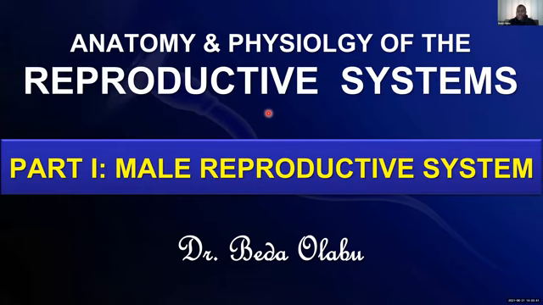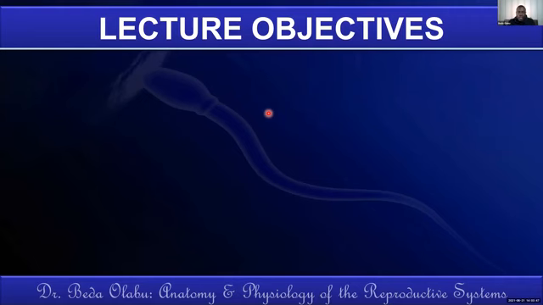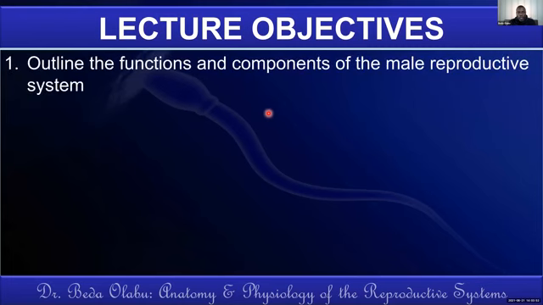So let's begin with this part on the male reproductive system. These are the things that we need to address in this particular part of the lecture. We are going to look at the outline of the components of the male reproductive system, and we're also going to study the functions of the male reproductive system.